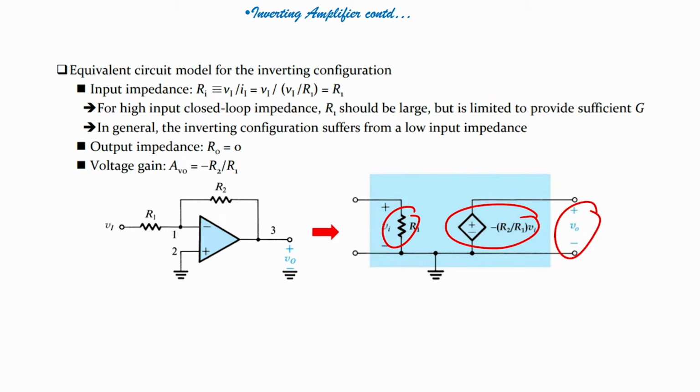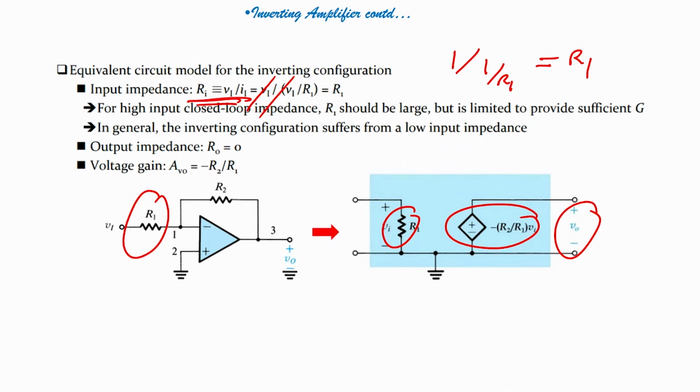So, input impedance is nothing but Ri equals VI by Ii, or VI by I1, equals VI divided by VI by R1, that is correct, and VI cancels. So, it is nothing but 1 divided by 1 by R1, which is equal to R1, right.